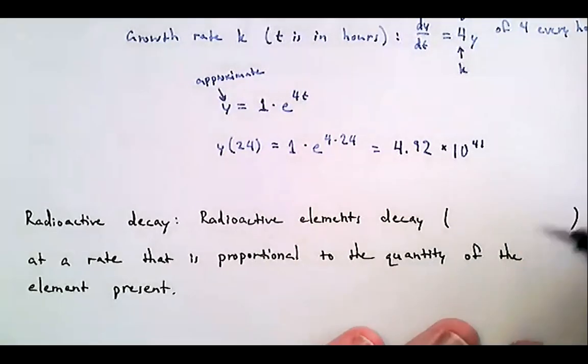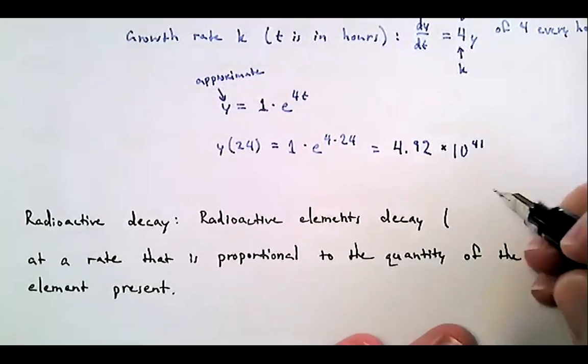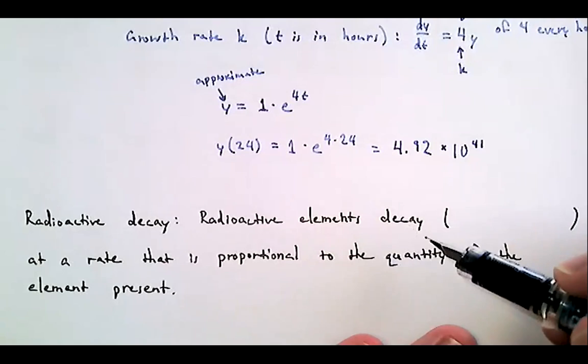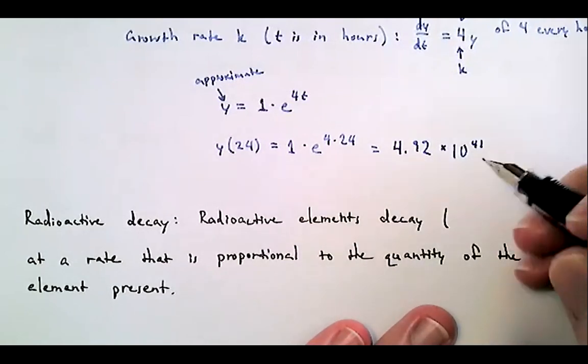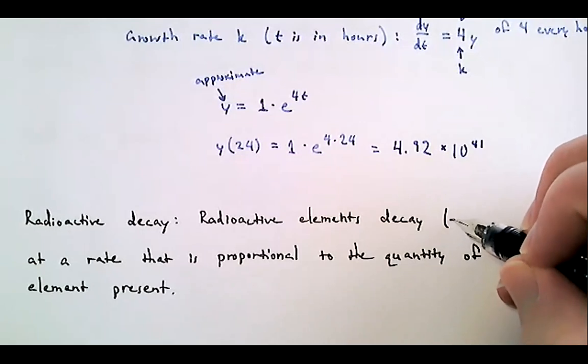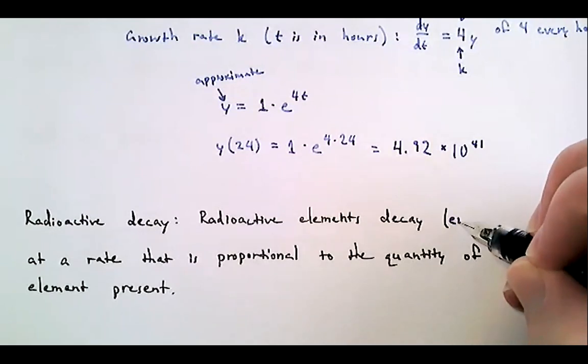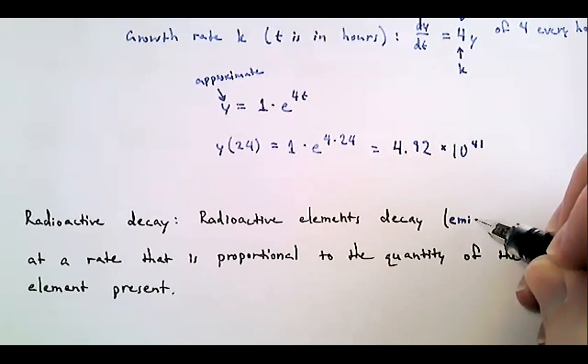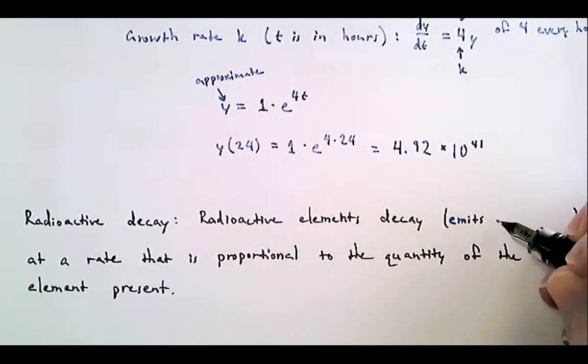And if you haven't been in a physics class for a while, radioactive decay is where an atom breaks down into its constituent parts and it emits matter and energy.